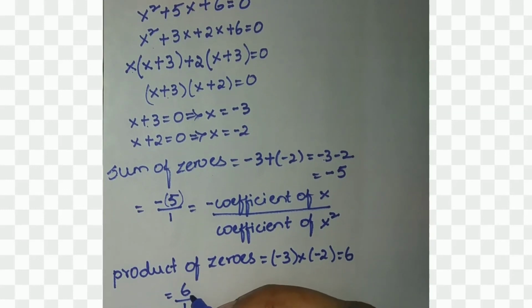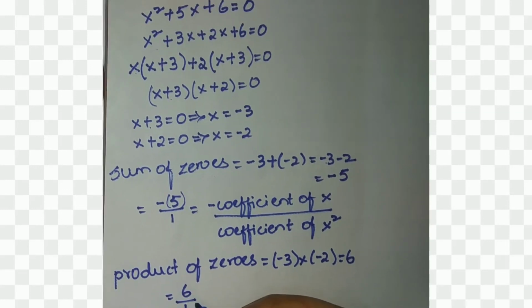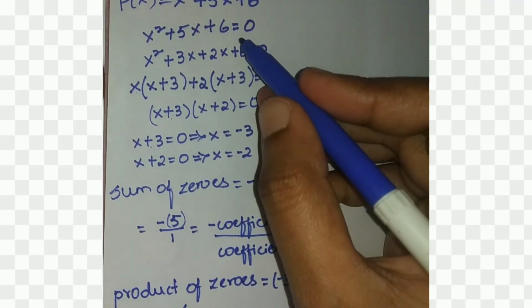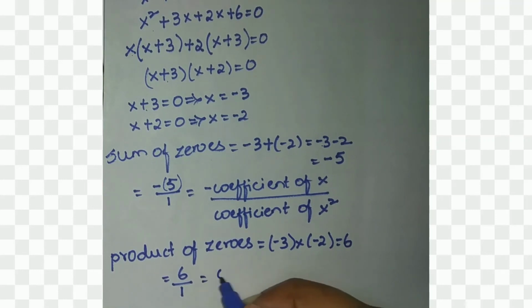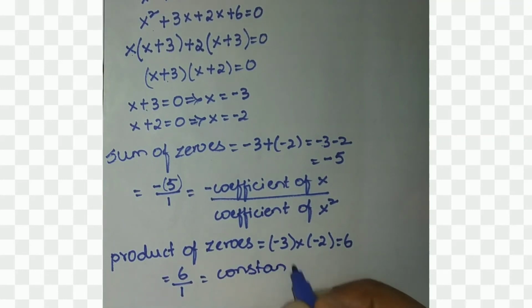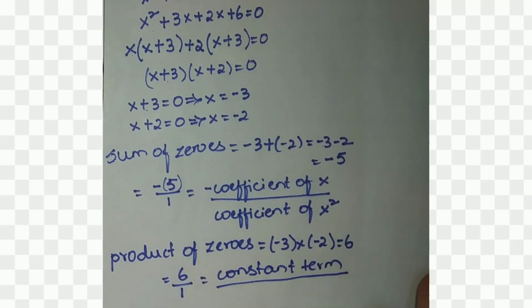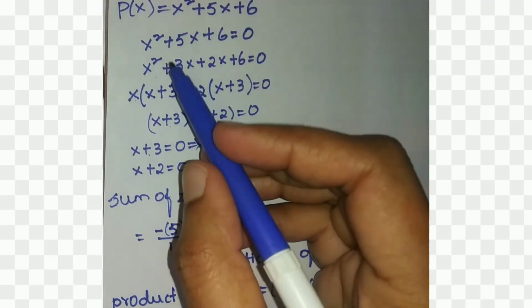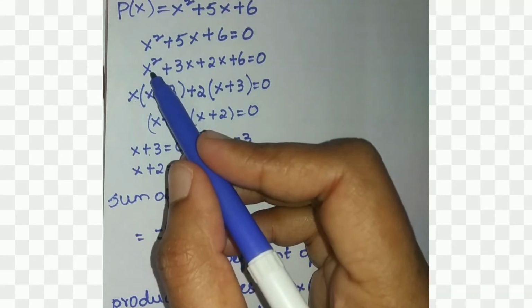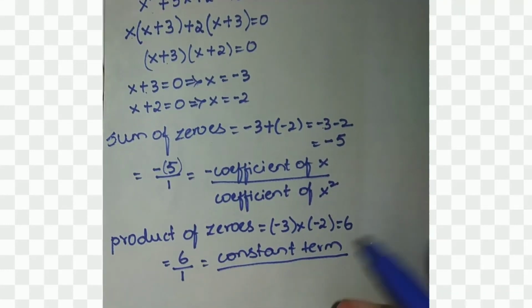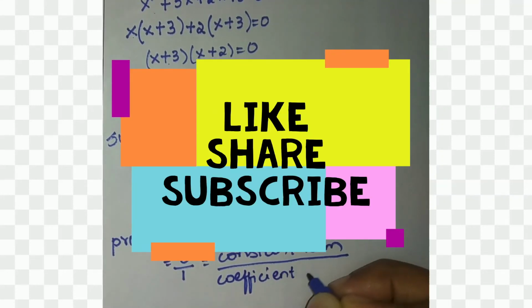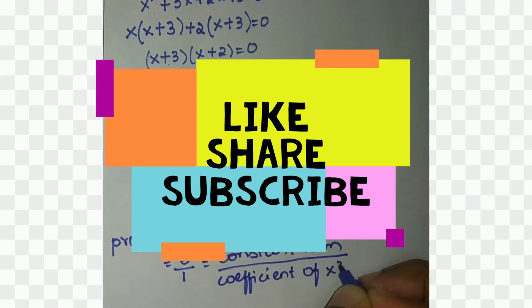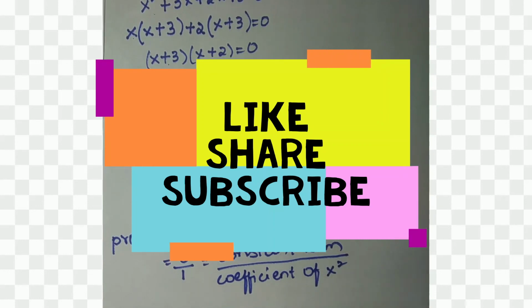So here, as you can see, 6 is nothing but the constant term. So we can write 6 as the constant term, and 1 is nothing but the coefficient of x square. Right. So we can write 1 as coefficient of x square. This is nothing but the end of problem.